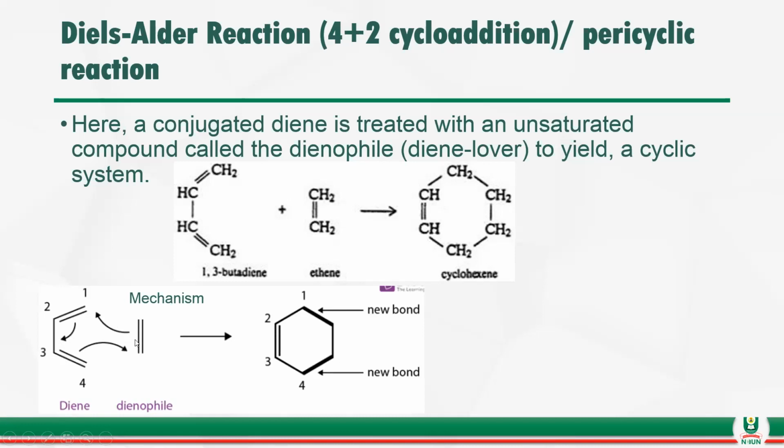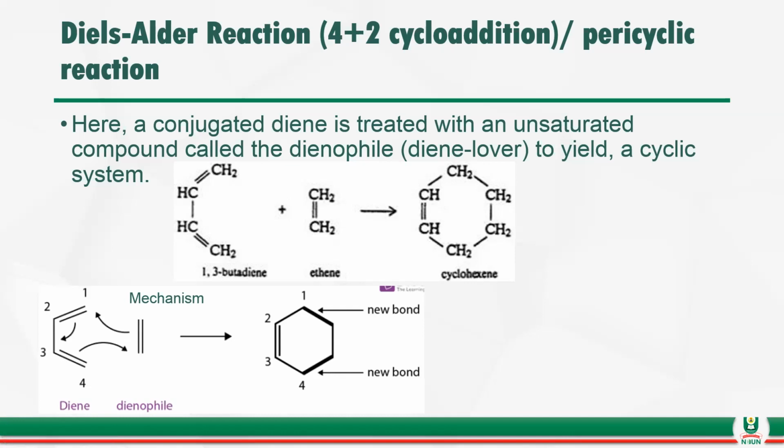You can see one of these double bonds was used to form a bond between this and this, while one of these double bonds was used to form a bond between this and this. And then this remaining double bond will resonate to the 2,3 position.